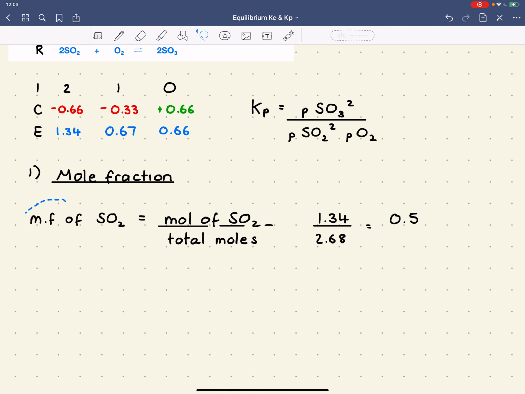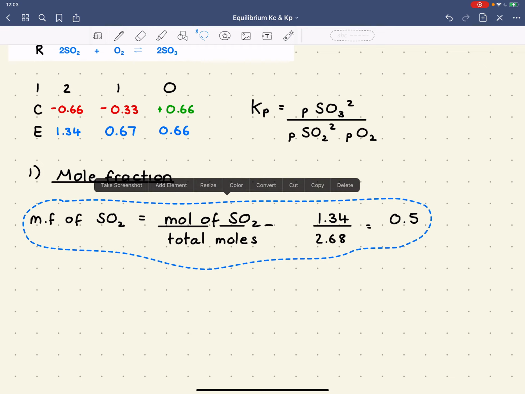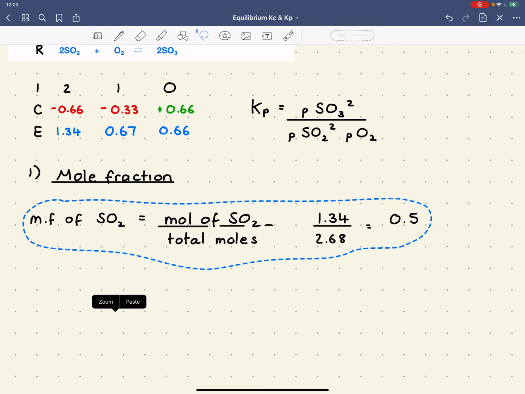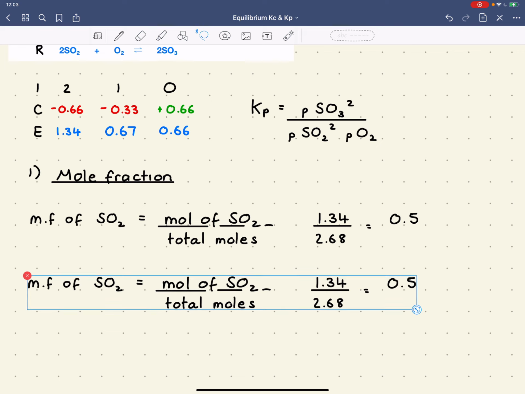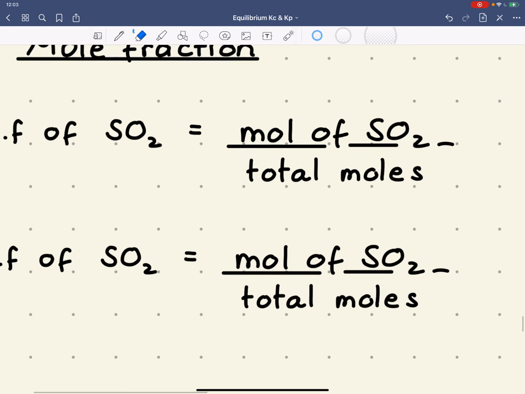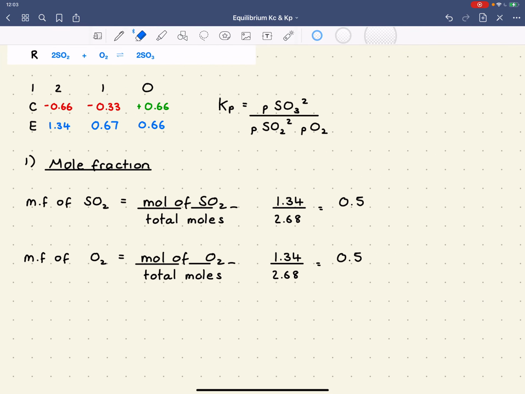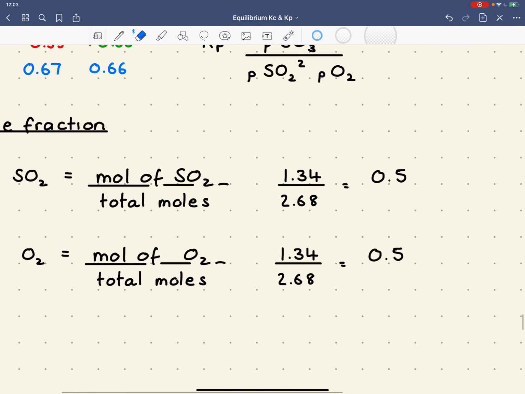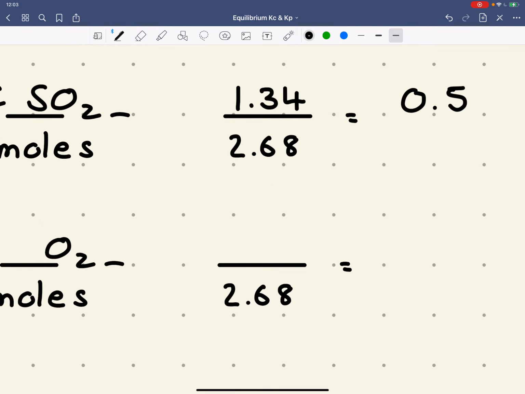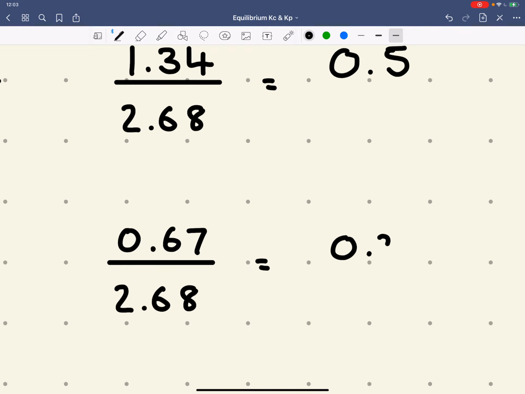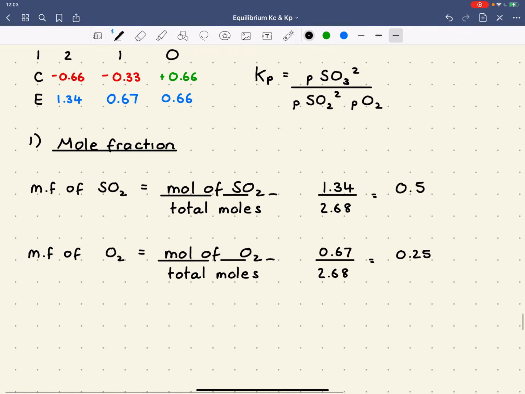And we can repeat the same procedure with the other components in the mixture. So let's just do that. So the mole fraction of oxygen is moles of oxygen divided by total moles. Moles of oxygen is 0.67. So that's 0.67 over 2.68, and that gives me 0.25.